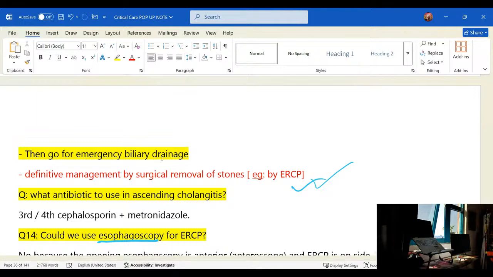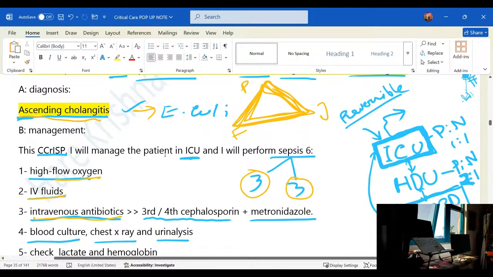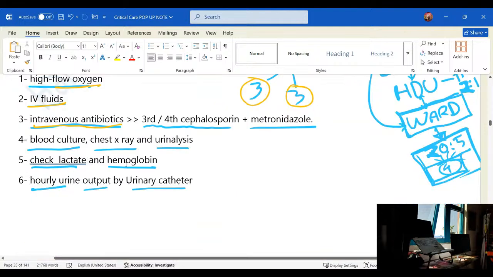Again, I will manage the patient according to the care of a critically ill surgical patient. I will keep the patient in ITU, on high flow oxygen, IV fluid resuscitation, and intravenous antibiotic, third or fourth generation cephalosporin with metronidazole, and will send blood for blood culture, chest X-ray, urine analysis, and check for lactate and hemoglobin.